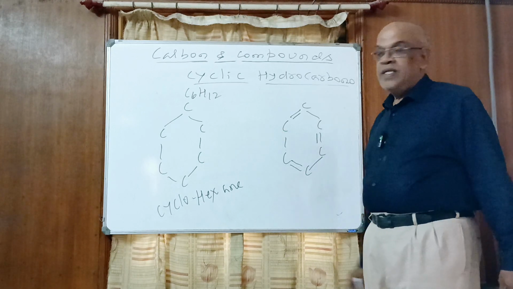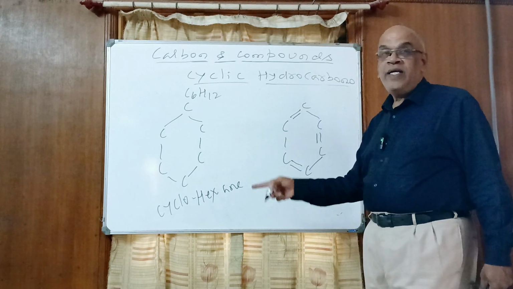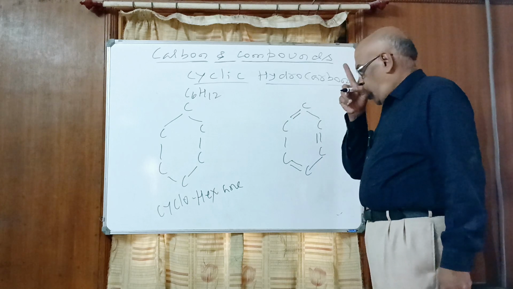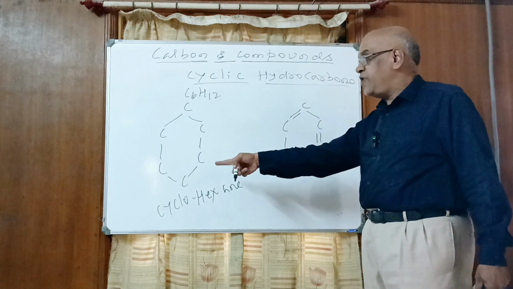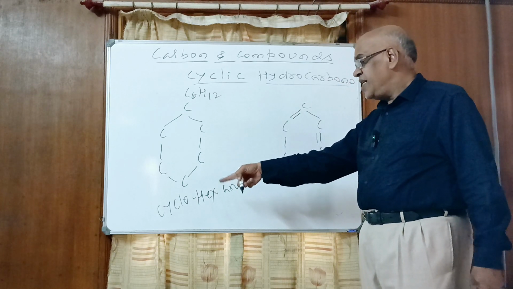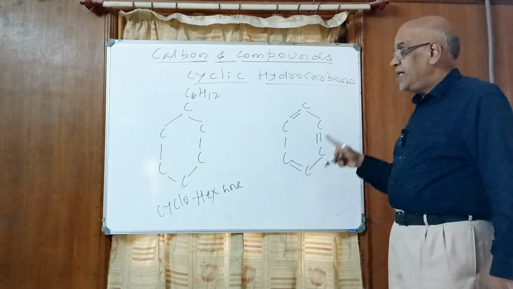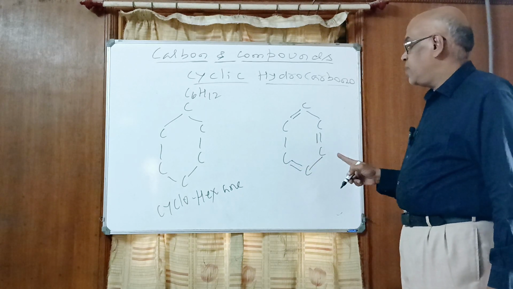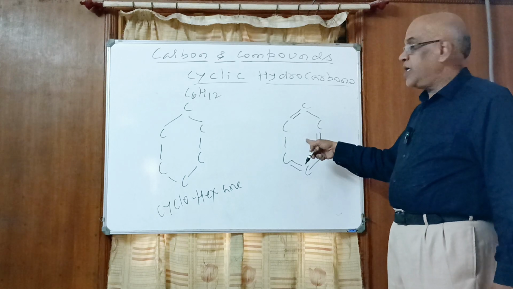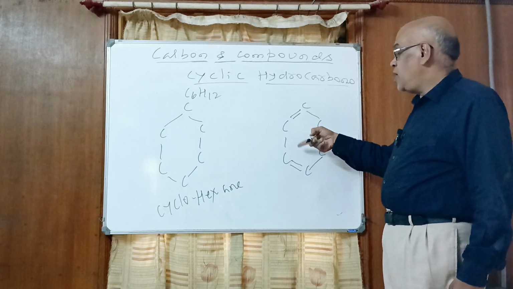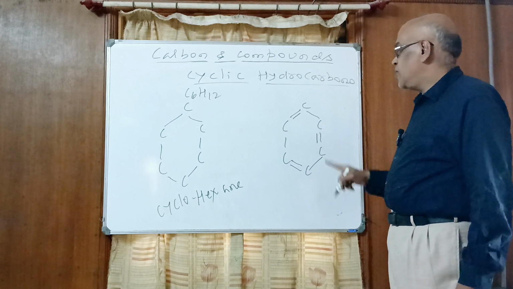What is the first one? It is saturated cyclohexane. Since there is a double bond in this one, what do we say? It is an unsaturated hydrocarbon, having double bonds alternately, not continuously.